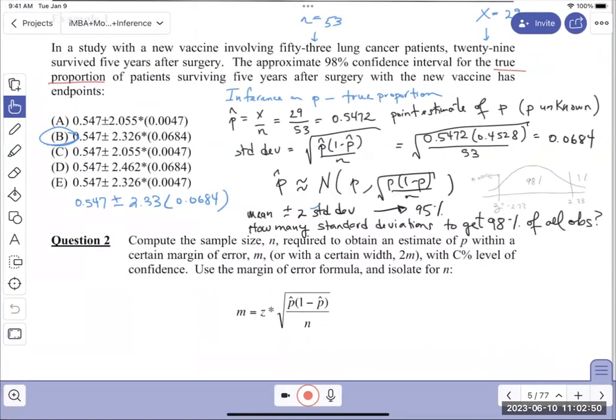Okay, so what we found out is all we needed was a sample. And we can compute a point estimate for the true proportion, p hat, as x over n. So about 55% of the people survived, but because there's variation and another sample would have had different results, we need to make an interval. So the way we make an interval is go so many standard deviations from the mean.